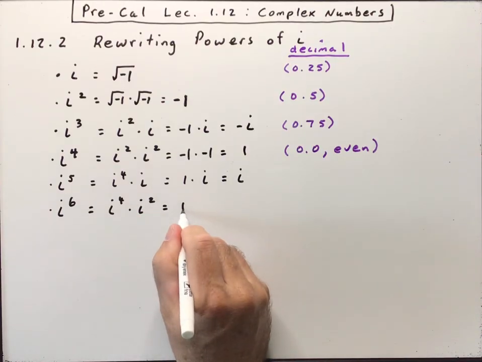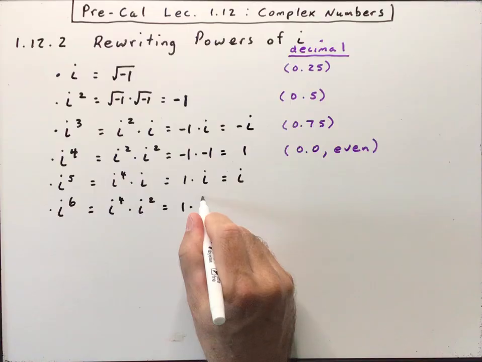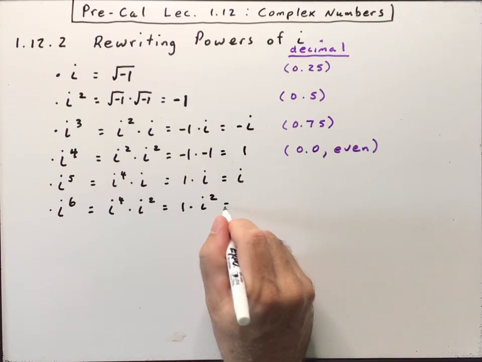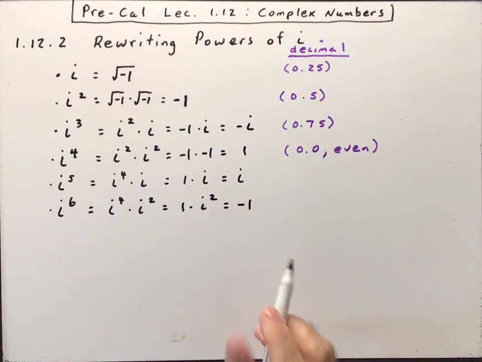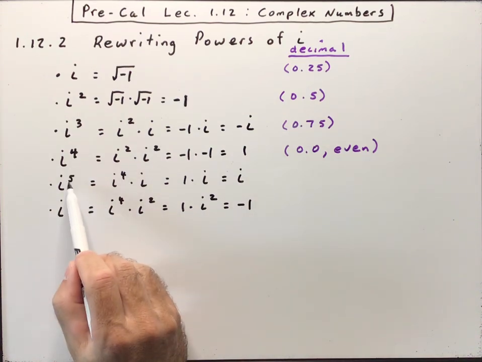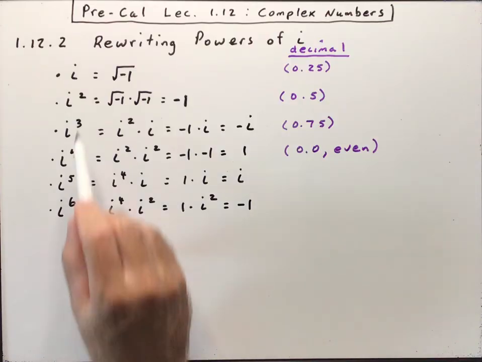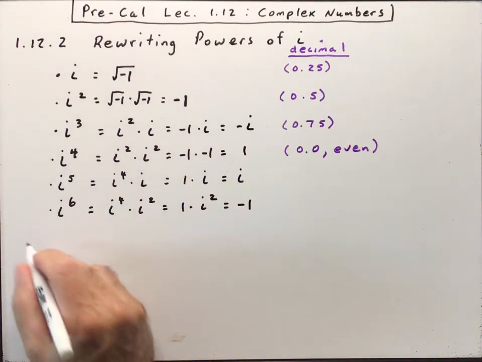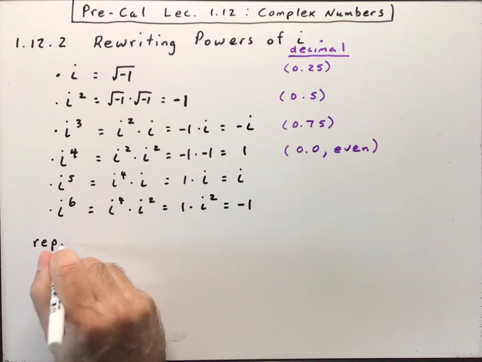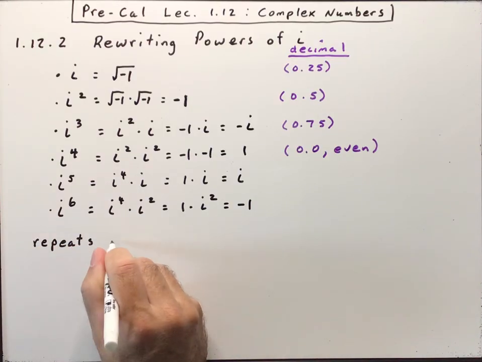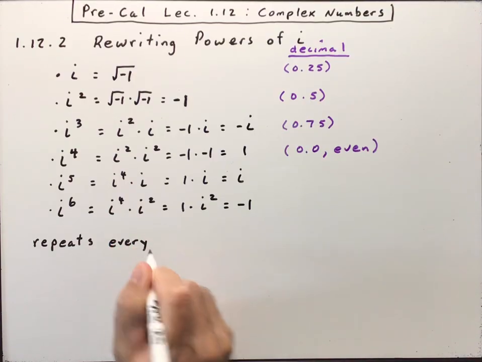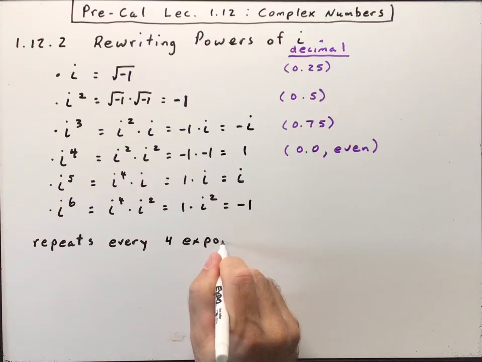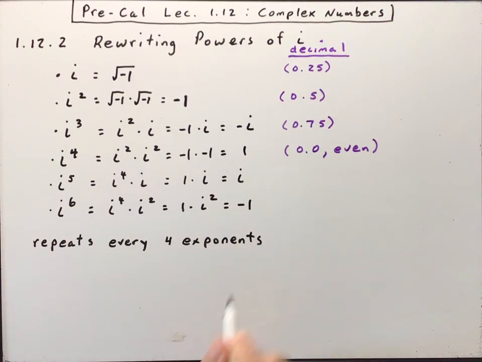Well, that's going to be 1 times i squared, which we know is -1. So see how the process just repeats: i to the fifth is the same as i, i to the sixth is the same as i squared, i to the seventh would be the same as i cubed. We have a repeat every 4 exponents. So the cycle repeats.